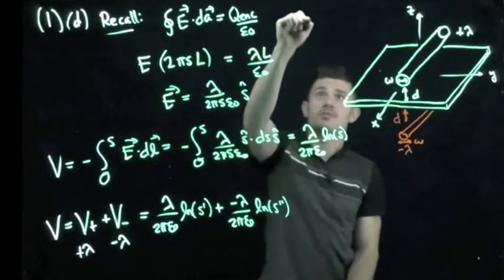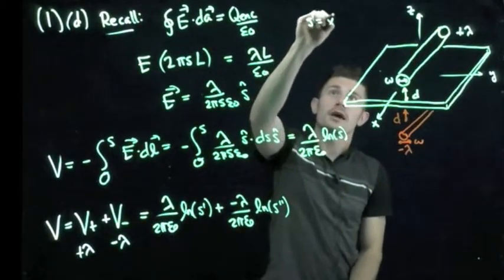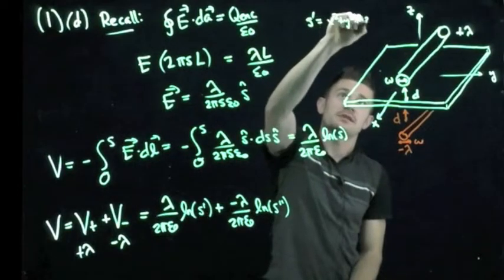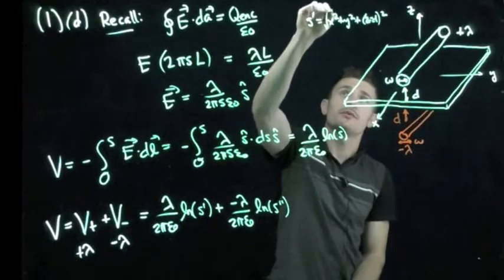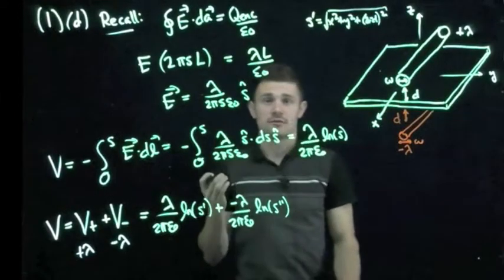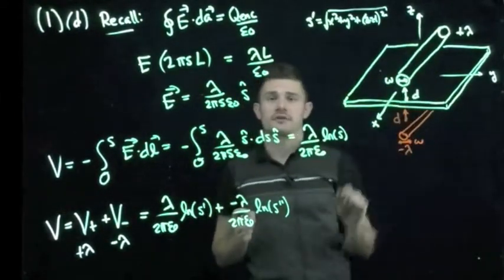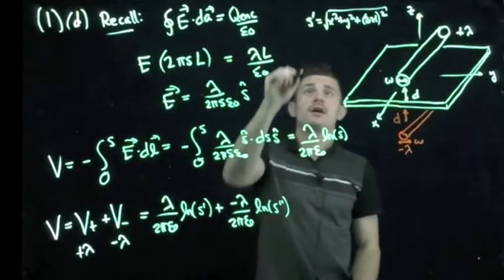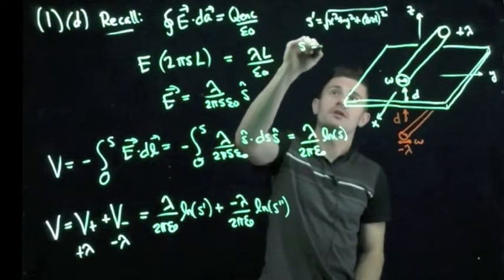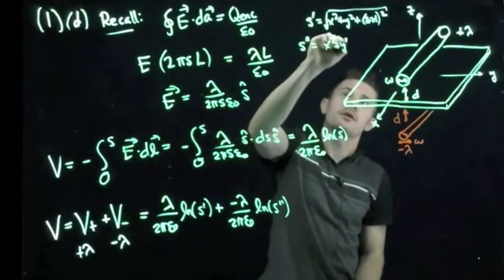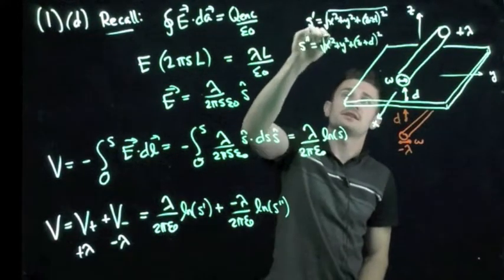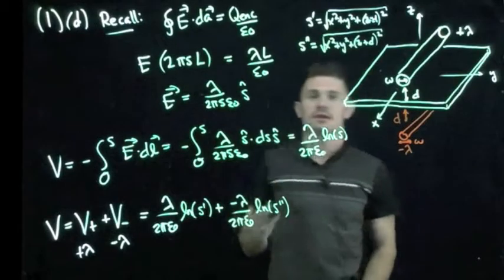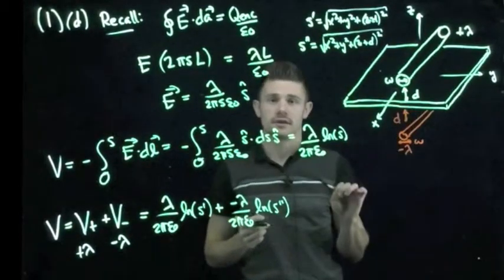So s prime will be the square root of x squared plus y squared plus z minus d squared, the distance from our positively charged rod above the xy plane. And s double prime will be the square root of x squared plus y squared plus z plus d squared, where the plus d is positive because the image rod starts below the conducting plane.